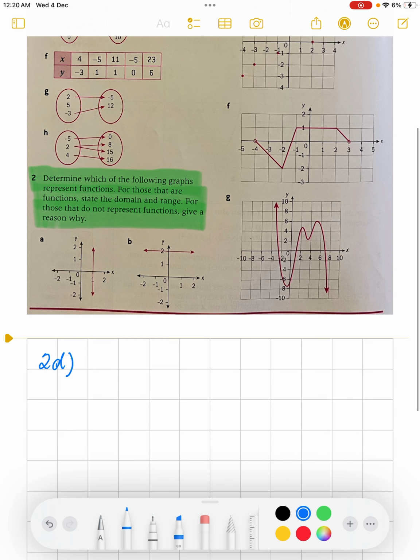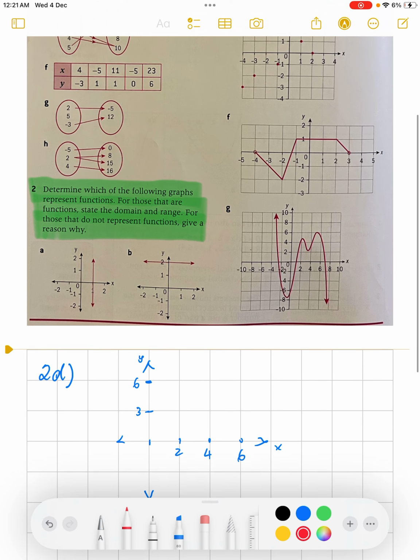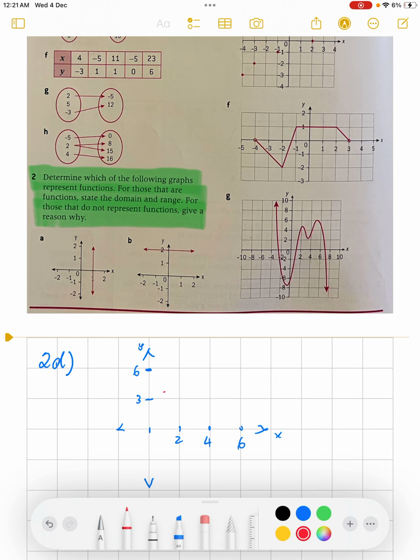So let's just put a graph here. So if we say 2, 4, 6, and I'll just put 3, 6, that'll do. So it starts at the position, let's put our Y, our X, and it starts at 1, 4, and finishes at 6, 4.